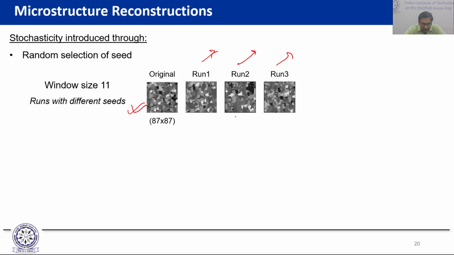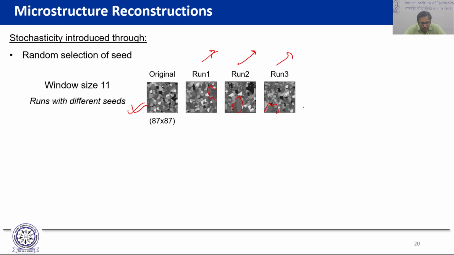For instance, here you can see that you have got a pretty large region of gray phase. Here a large region of gray phase is found over here. In this case you have a large gray phase region over here. So in other words, you are still capturing all of the features and finding common features appearing in each of the runs, but the placement of those features is a little bit different.